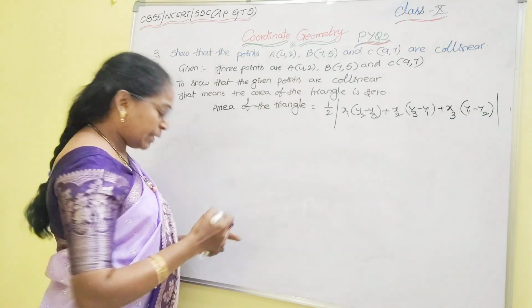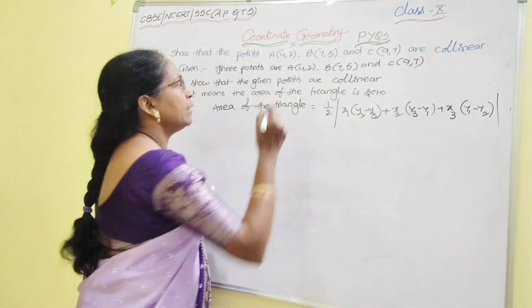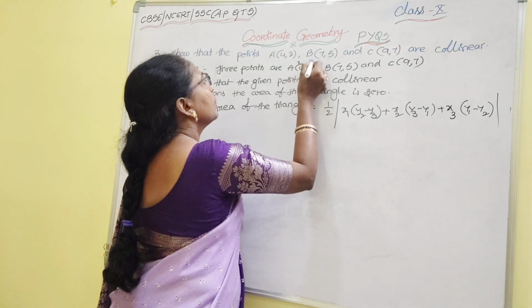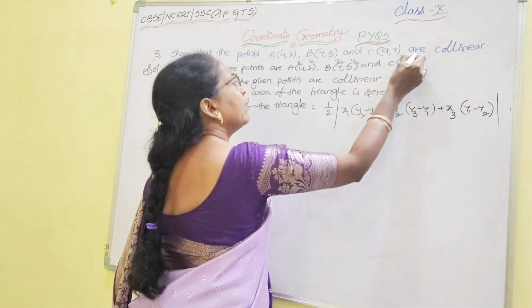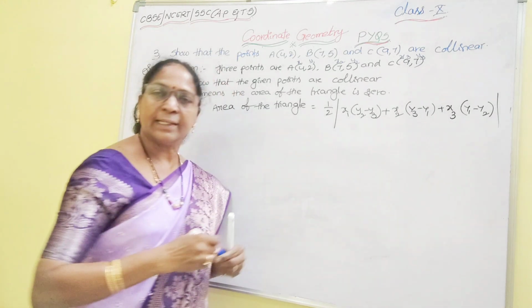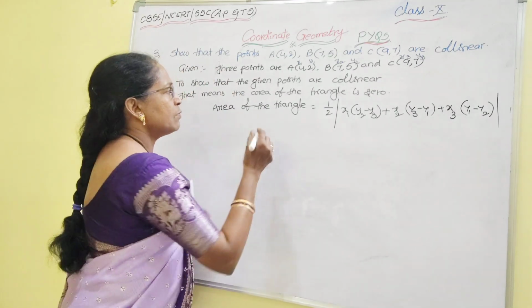Now these 3 points you have to represent here: x1 y1, x2 y2, x3 y3. Represent like this. Now substitute the values in this formula.